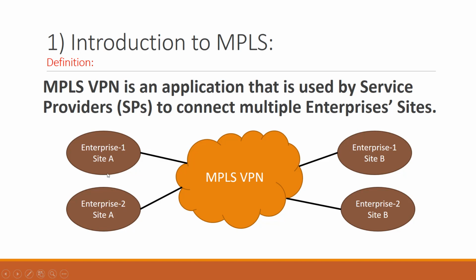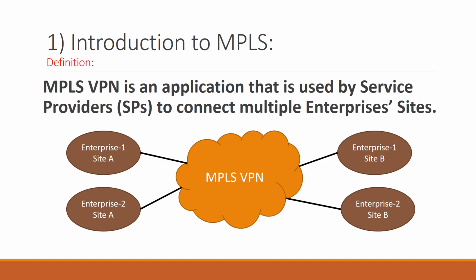Each enterprise has 2 sites, site A and site B for enterprise 1, and site A and site B for enterprise 2. The 2 sites of enterprise 1 are connected to each other through the MPLS cloud using MPLS VPN, and enterprise 2 sites, site A and site B, are connected to each other through the MPLS VPN network.